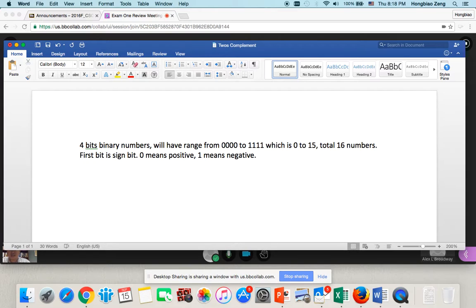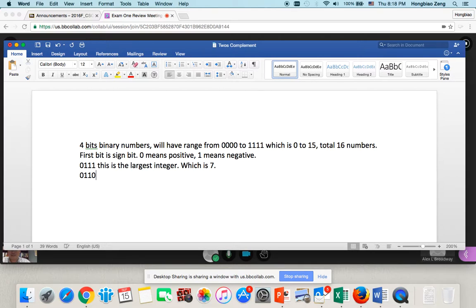The largest positive number will be 0111, which is 7. After 7, naturally you subtract 1 and get 6.